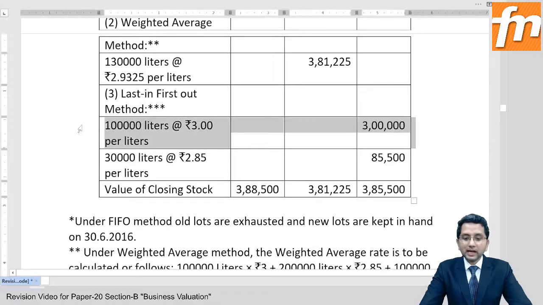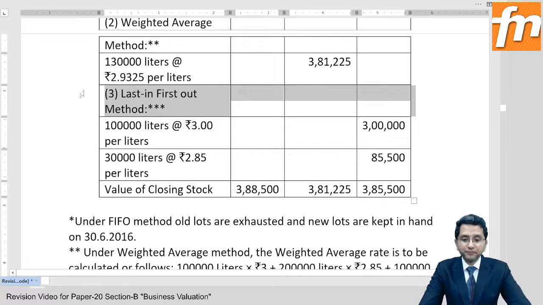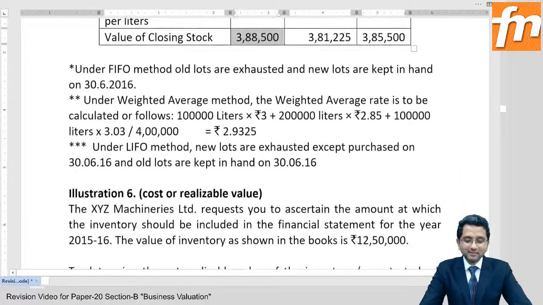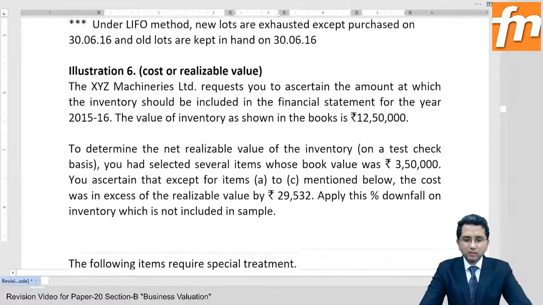So 1 lakh liters at 3 rupees per unit is 3 lakh under LIFO, and 30,000 units at 2.85 is 85,500. 3,85,500. This is the LIFO valuation. 3,81,225 is the weighted average valuation. And 3,88,500 is the FIFO valuation. Right? Easy question.